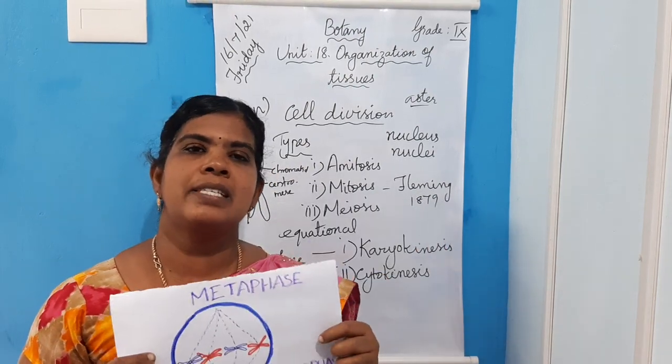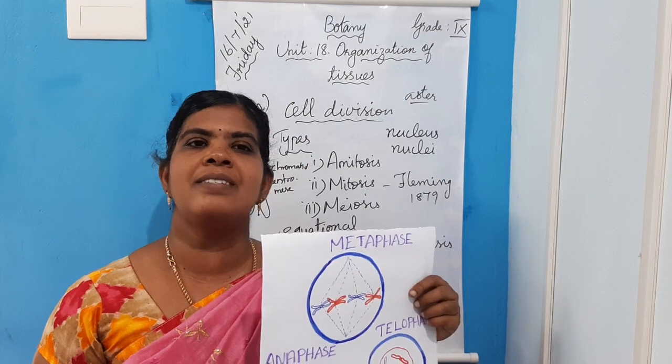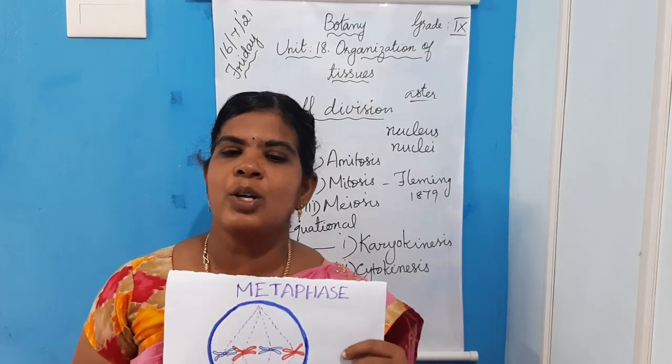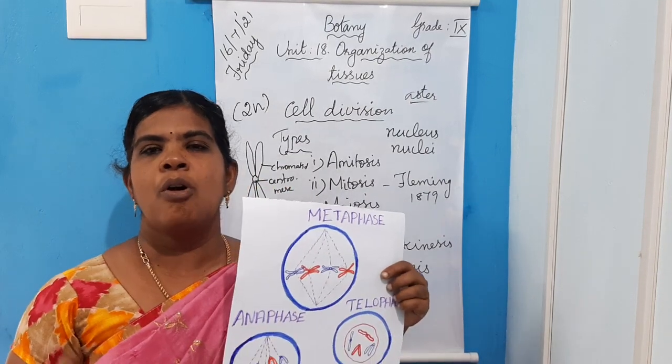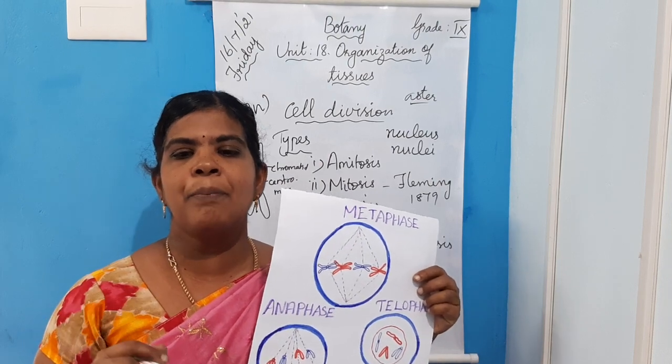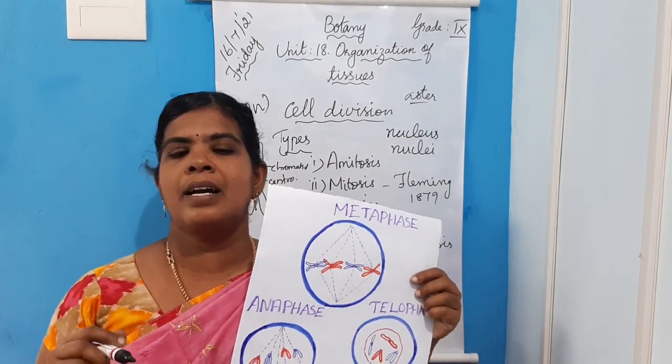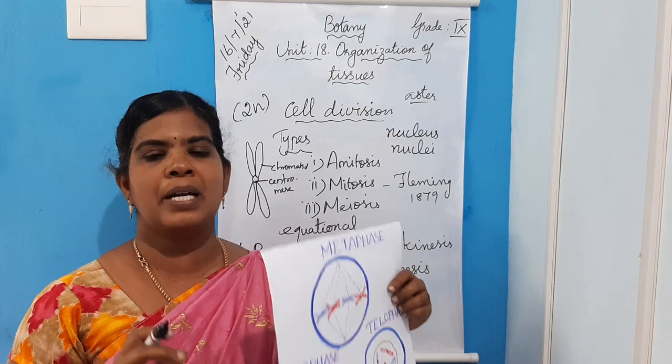Then the second significance is that in multicellular organisms, growth, organ development and increase in body size are accomplished by the process of mitosis.